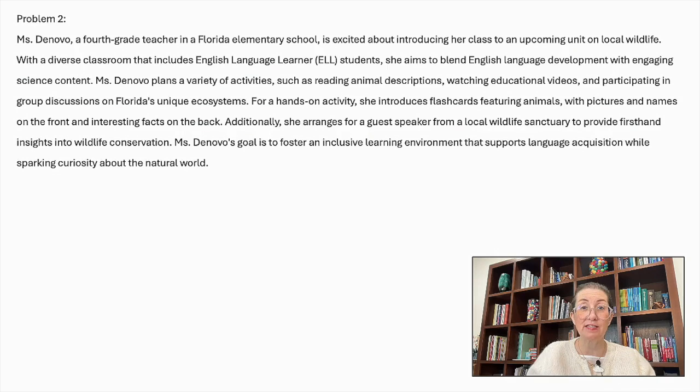For a hands-on activity, she introduces flashcards featuring animals with pictures and names on the front and interesting facts on the back. Additionally, she arranges for a guest speaker from a local wildlife sanctuary to provide first-hand insights into wildlife conservation. Ms. DeNovo's goal is to foster an inclusive learning environment that supports language acquisition while sparking curiosity about the natural world.